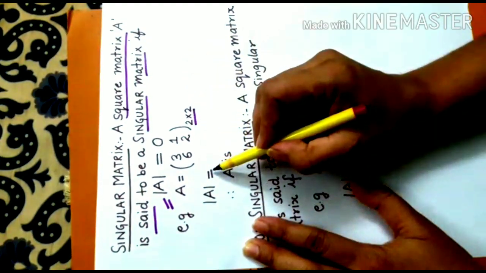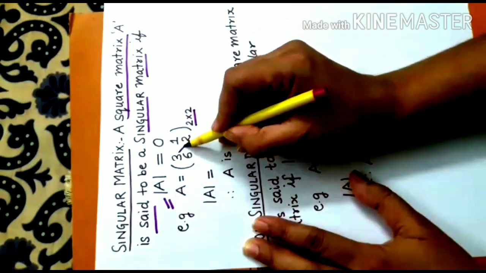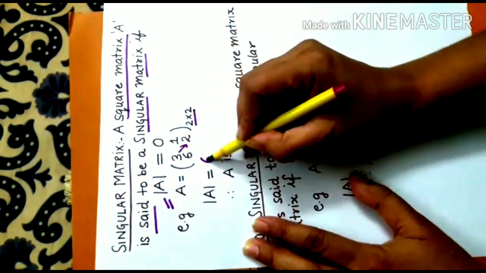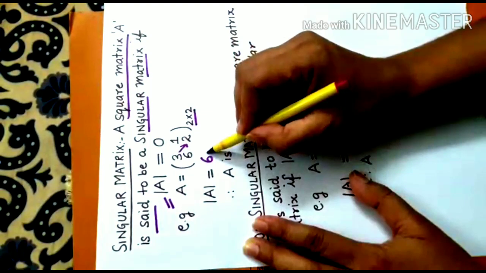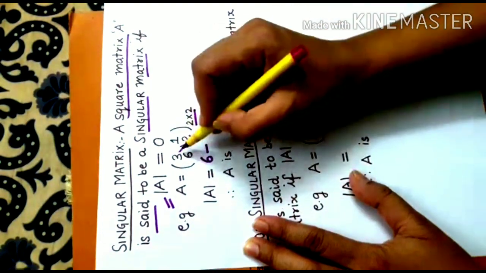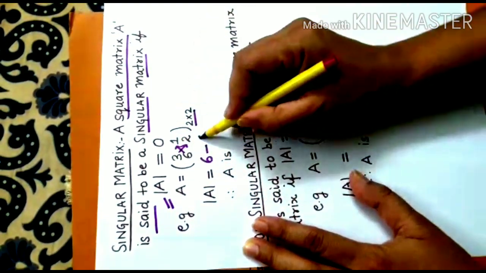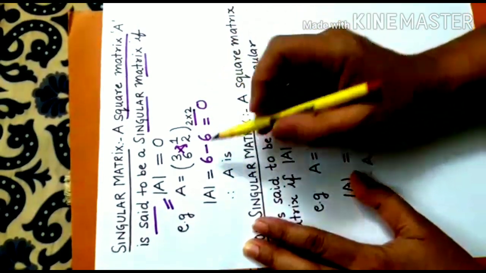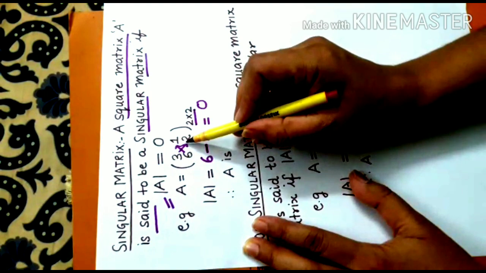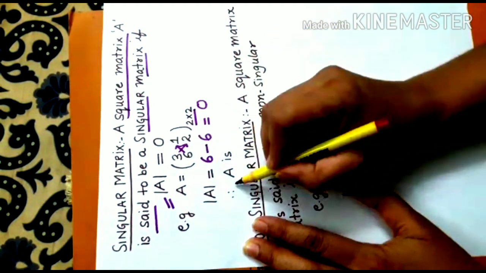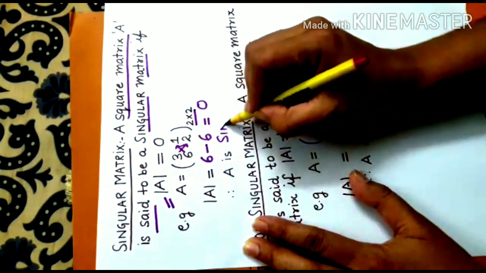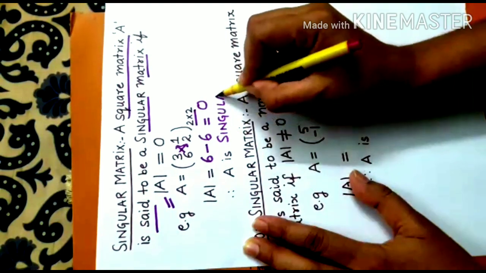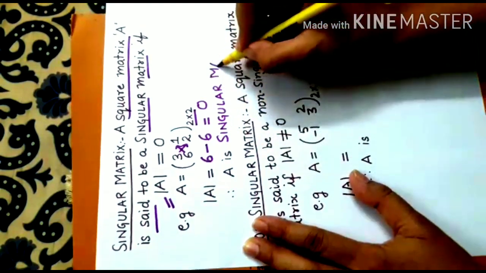If I compute its determinant, it will be given by the product of these two, that is 6. From this subtract the product of these two. So 6 minus 6 is 0. So as the determinant of this matrix is 0, I say that A is a singular matrix.